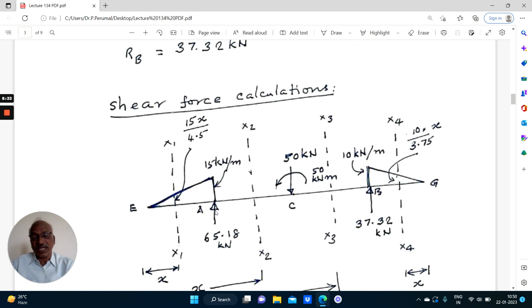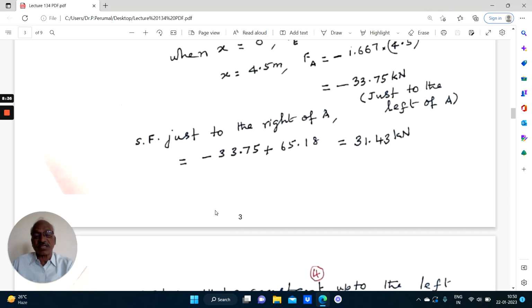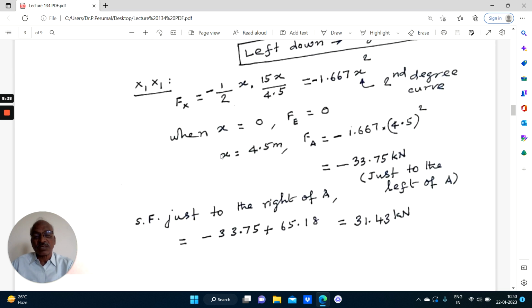So to the left of A and right of A, that is important. Shear force just to the left of A is minus 33.75. Shear force just to the right of A equals minus 33.75 plus 65.18, which is equal to 31.43.